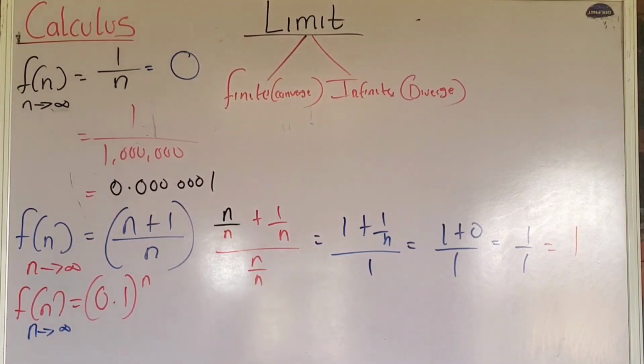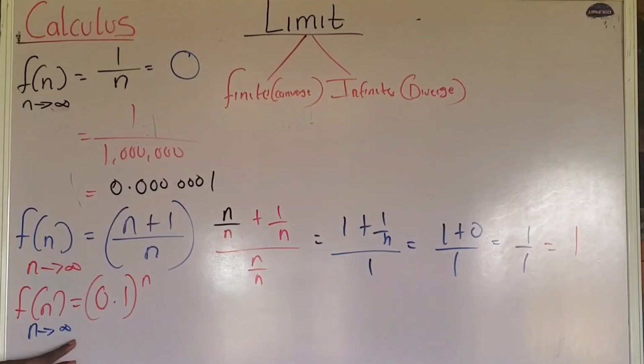What will be the limit of the function that you see on the board? Well, it's simple. As n approaches infinity, you are going to have 0, because 0.1 means 1 over 10.